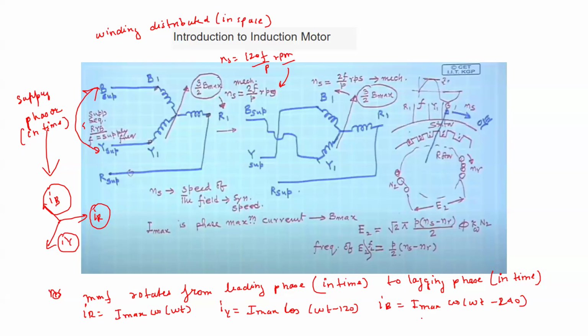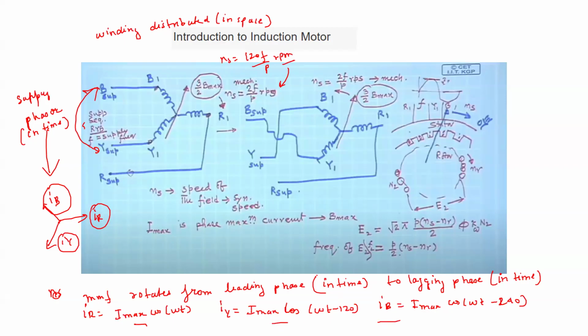So we can see that first the R phase comes, then after 120 degrees the same thing repeats at the Y phase, and after another 120 degrees, 240 degrees, what was happening at the R phase comes at the B phase. So the supply leading phase is R phase, then Y phase, then B phase.